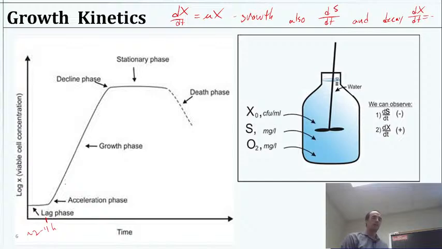So if it's been 6 or 8 hours, you suddenly have 10 or 100 times as many bacteria as you had a few hours ago. Because this is the log scale here, it might look something like this, with different log increases here, right? It might look something like that.